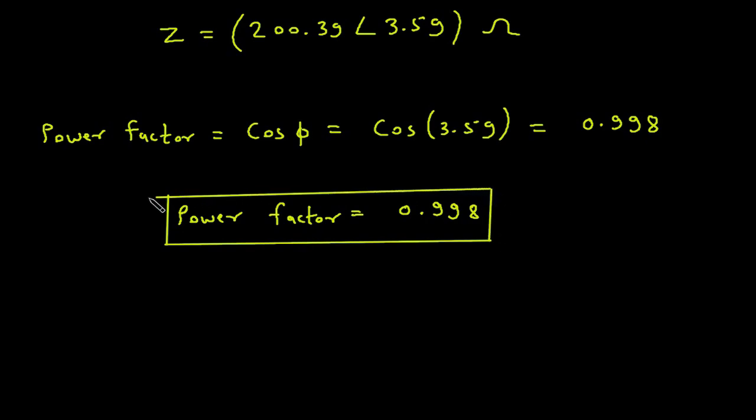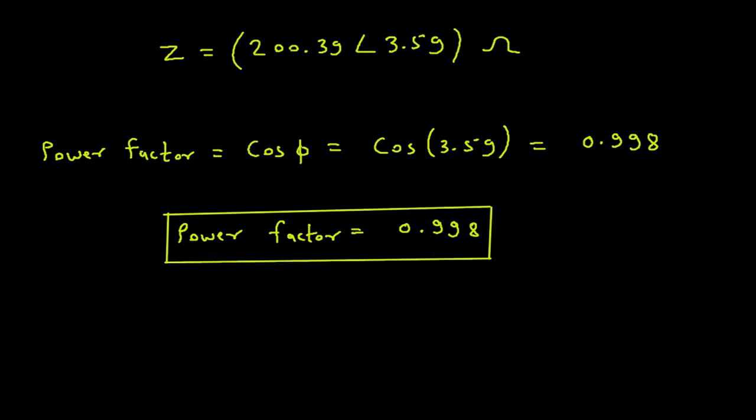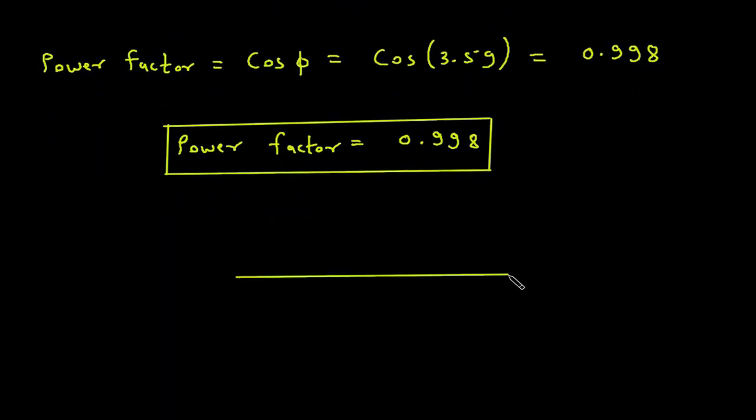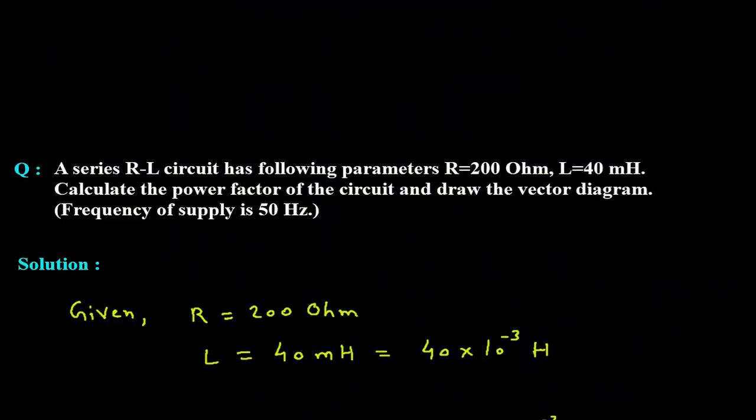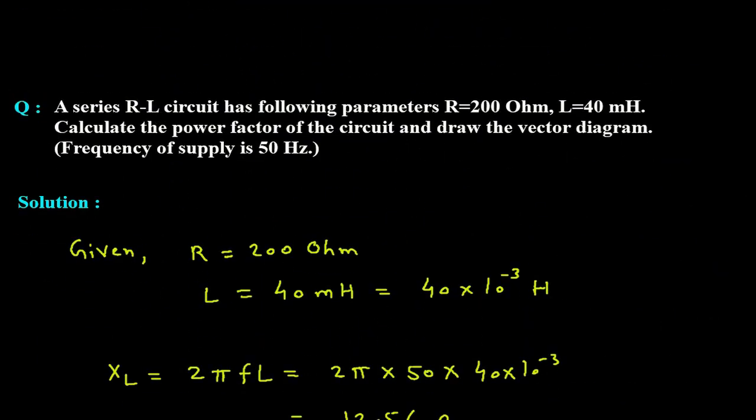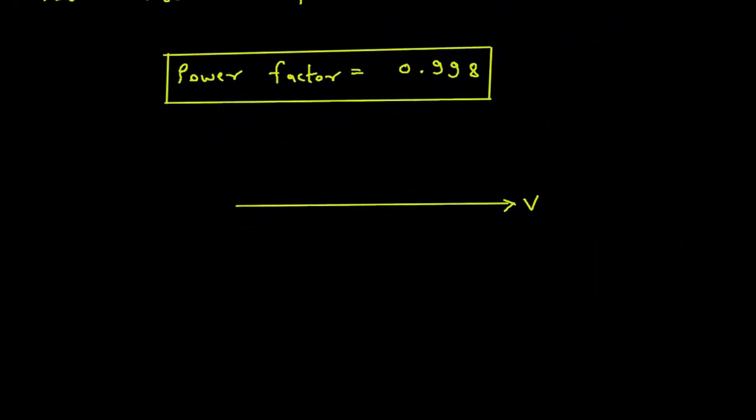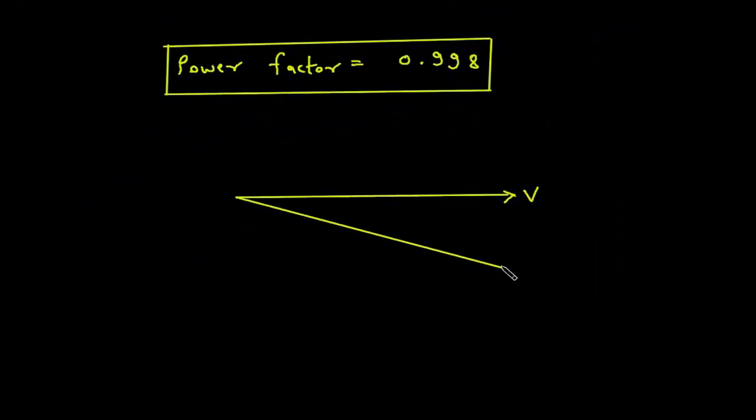Then next we have to draw the vector diagram. So to draw the vector diagram, we will take this voltage as a reference. Then in this question, this is an RL series circuit. Now in case of RL series circuit, the power factor will be lagging.